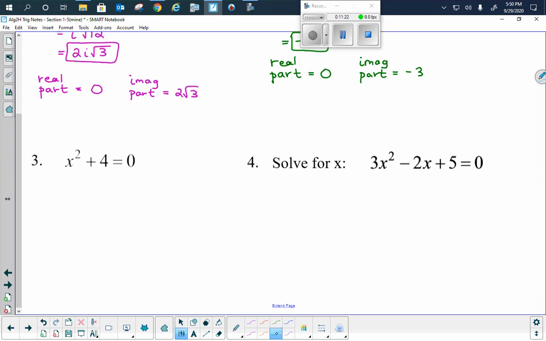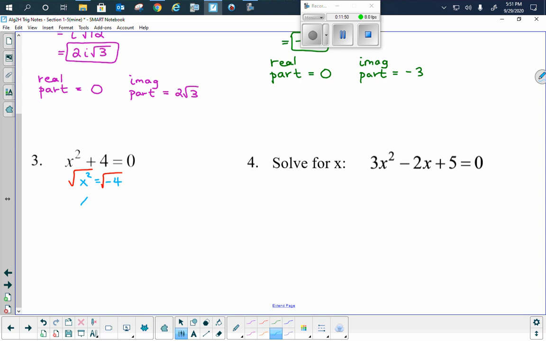Okay. All right, number 3, if I was asking you to solve for x, we've done that one a few times. I'm probably thinking extracting square roots, right? So I'll move the negative 4 to the other side. So if x squared equals negative 4, and I then take the square root of both sides. Okay, now when we weren't doing imaginary numbers, right there we were stuck, right? Because we can't take the square root of negative numbers. Well, we can when we have imaginary numbers.